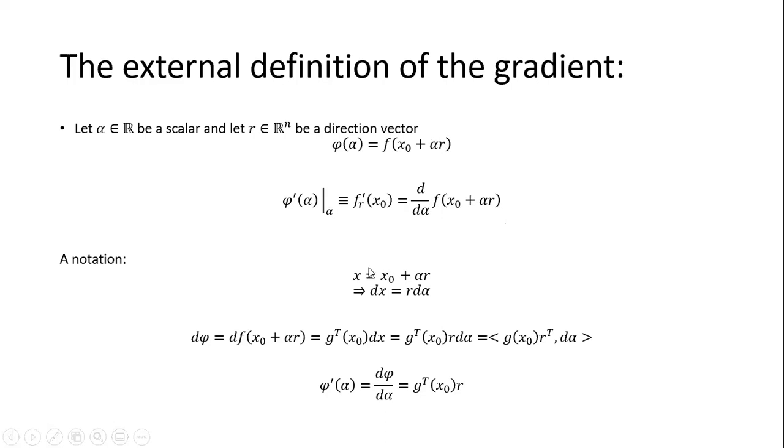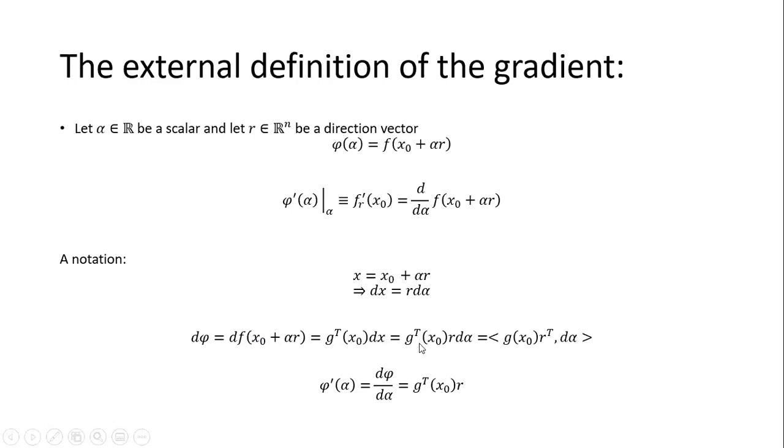We will annotate x to be x0 plus alpha r, and get that the differential of x will be r multiplied by d alpha. So the differential of phi will be the differential of f at the point x0 plus alpha r. And we calculated in the previous slide that the differential of f is g transpose of x0 multiplied by the differential of x.